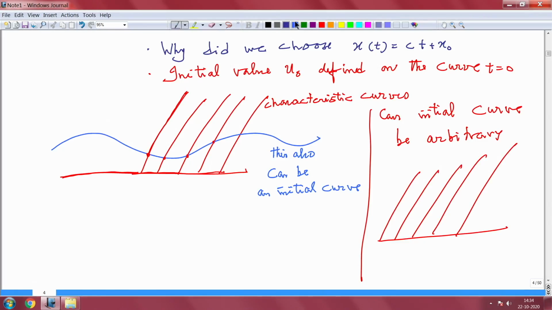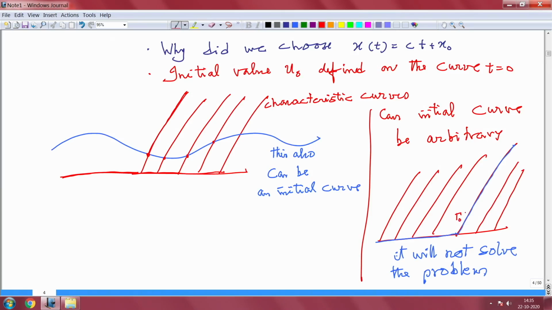And now suppose I choose an initial curve like this. If my initial curve happens to be like this, you see, this is not possible. It will not solve the problem. Why? Because the values on that curve cannot be determined by this initial curve gamma naught.